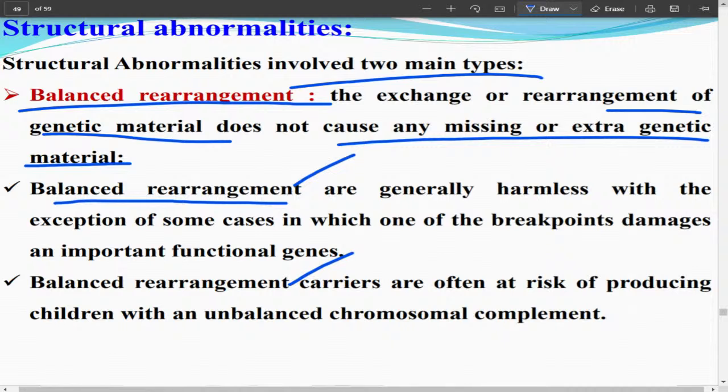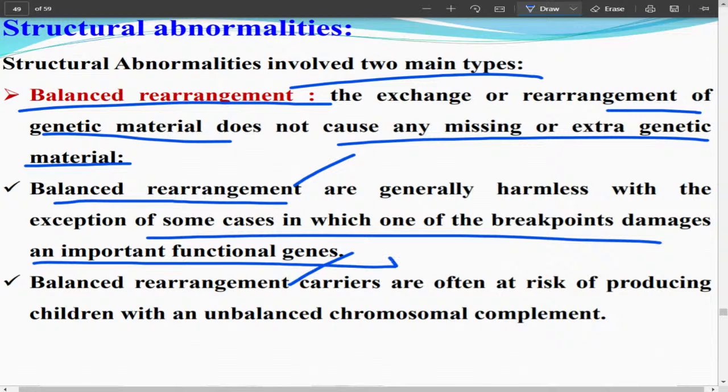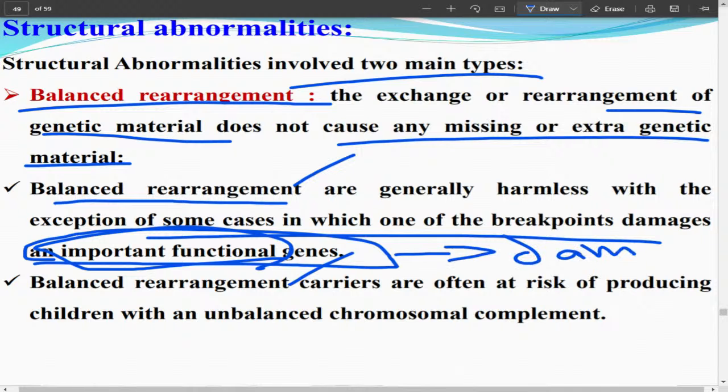Balanced arrangements are generally harmless, with the exception of some cases in which one of the breakpoints damages an important functional gene. If it breaks at this point, it can cause damage.